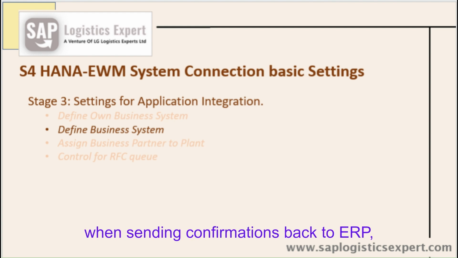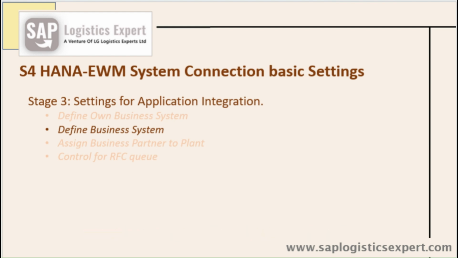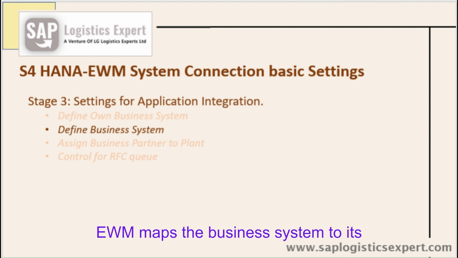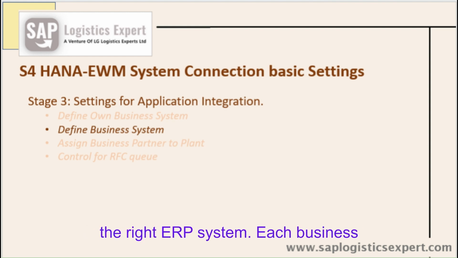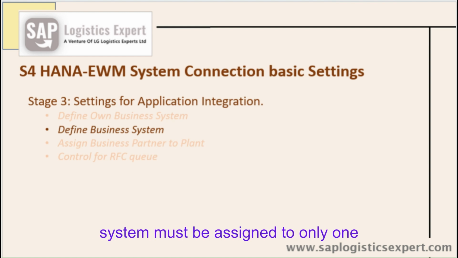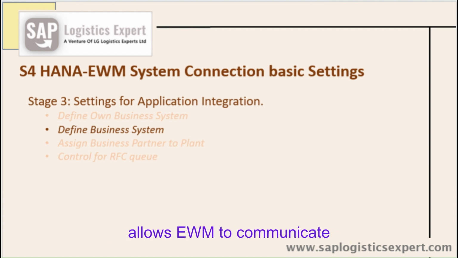Similarly, when sending confirmations back to ERP, EWM maps the business system to its logical system and sends the message to the right ERP system. Each business system must be assigned to only one logical system, ensuring a unique and consistent mapping. This setup allows EWM to communicate correctly with the ERP system.